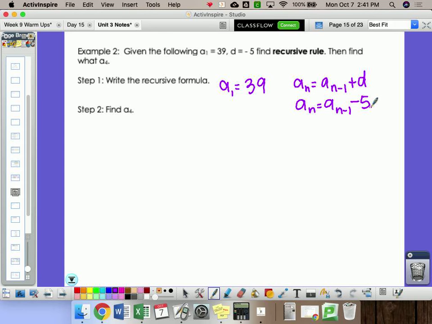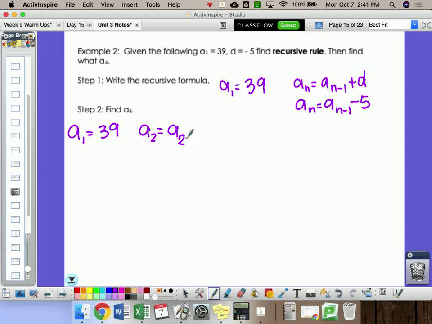Okay, now I need to find what A sub 4 is. In order to do this with a recursive rule, you have to figure out each number in your sequence. We found already that A sub 1 was 39. Using my equation, I want to find what A sub 2 is. Anywhere there's an n, I'm going to put a 2.